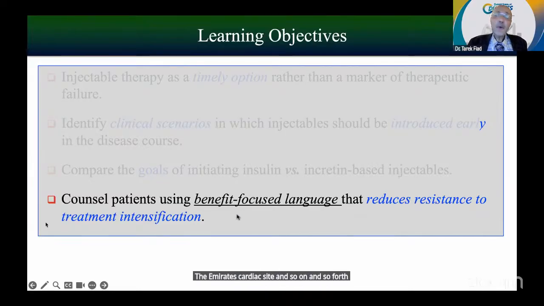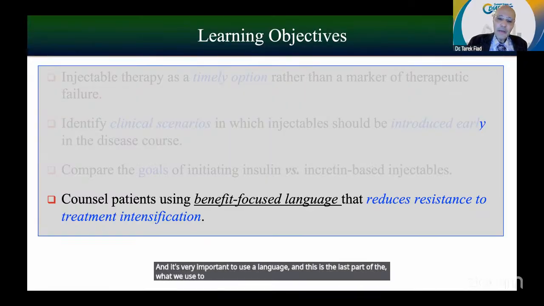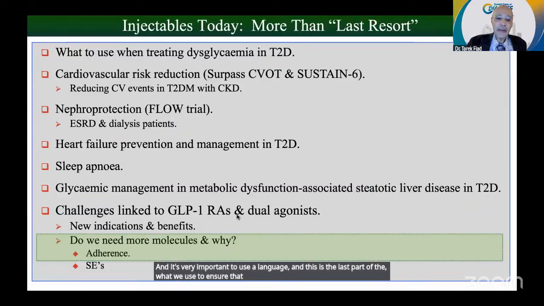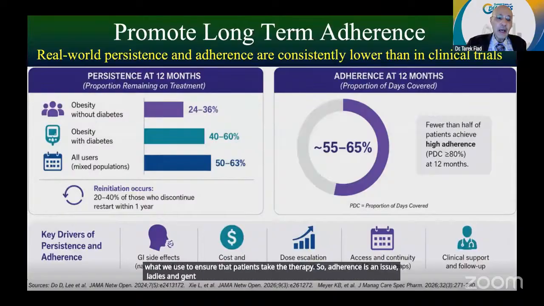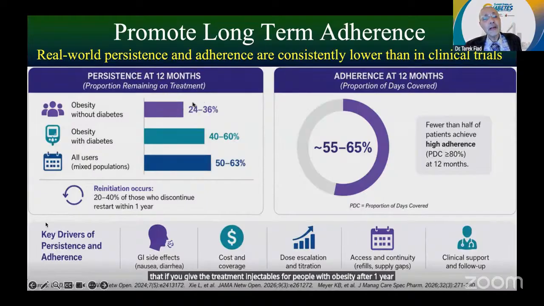And it's very important to use a language, and this is the last part, to ensure that patients take the therapy. So adherence is an issue, ladies and gentlemen. Remember that if you give injectables to people with obesity, after 1 year, only a quarter remain on treatment.